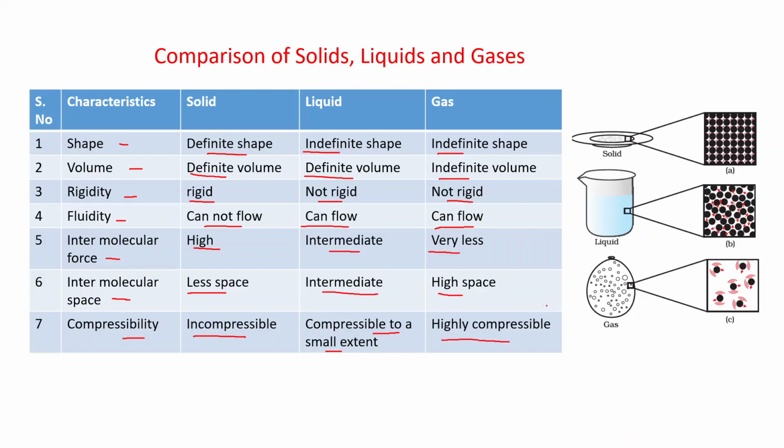If you see the arrangement of these particles and their motion, in solids they are fixed. In liquids they have some random motion, but in gases they move freely, large space is there and they have high motion. Clear? This is the comparison between solid, liquid and gas.